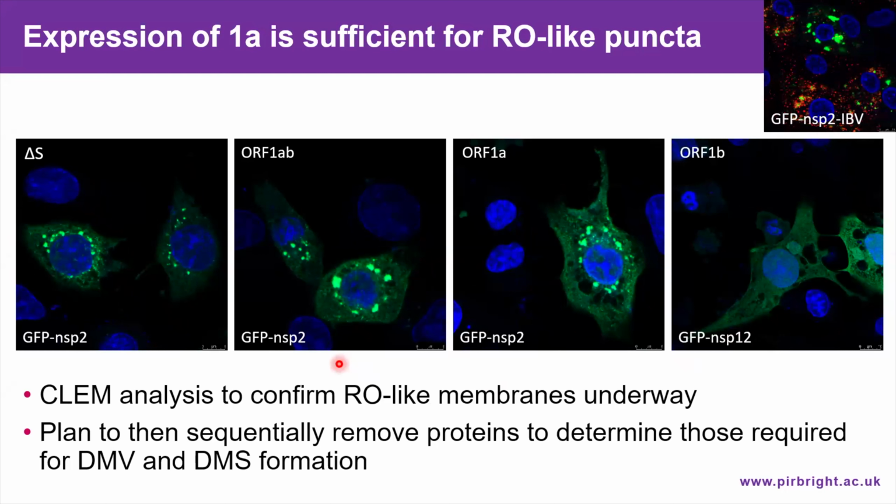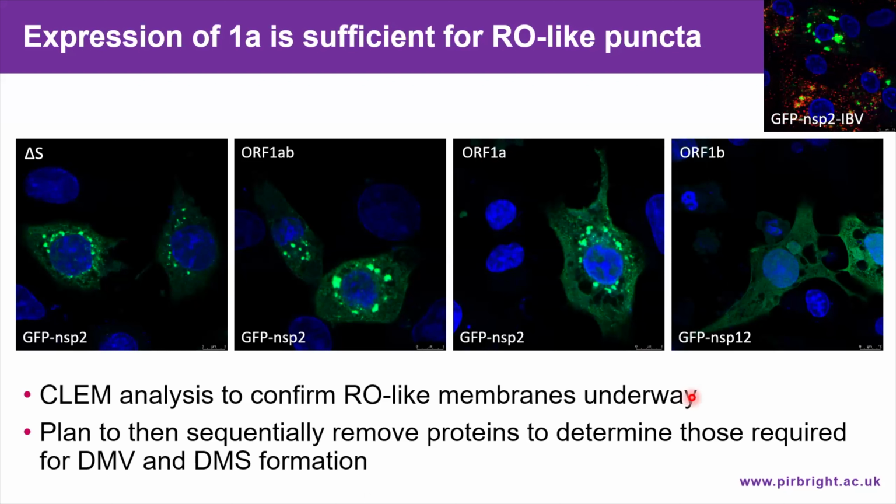So that is telling us so far that expression of ORF1a on its own is sufficient for replication organelle-like puncta within the cytoplasm. And the next step is to do some CLEM analysis to confirm what the membrane structures are that are associated with these puncta in the cytoplasm.